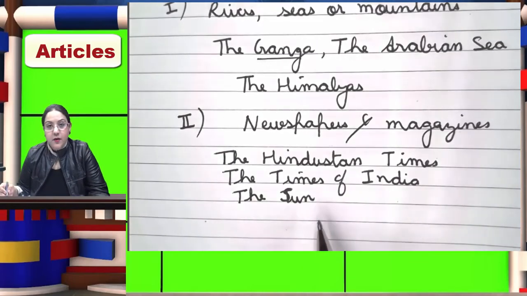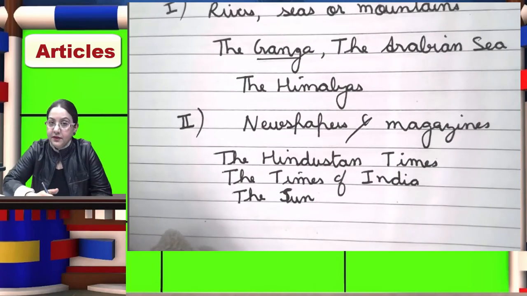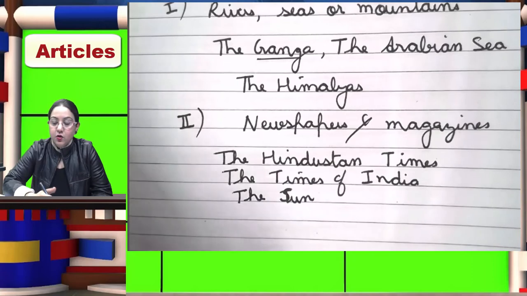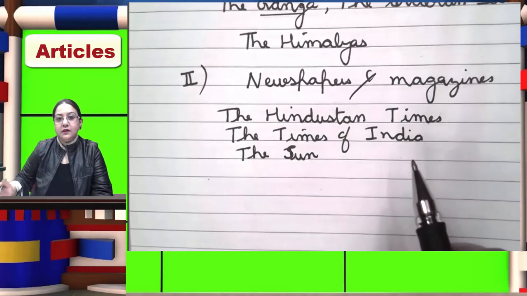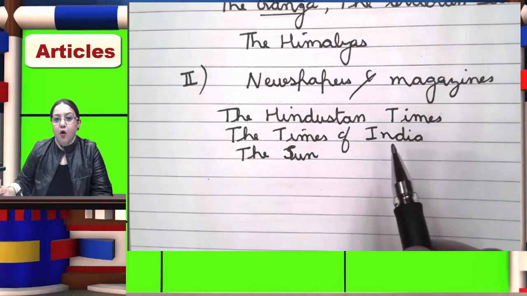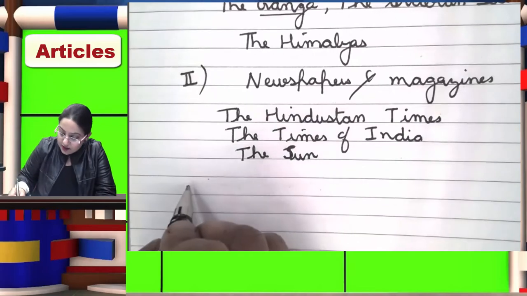So here, the Sun, when I'm talking about the magazine, the Sun, I'm using the article the. So these are the cases where I'm using the article the when the name of a river is being talked about or the name of a newspaper is being talked about.